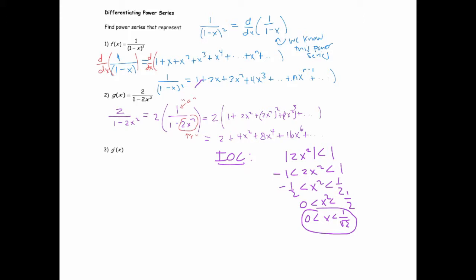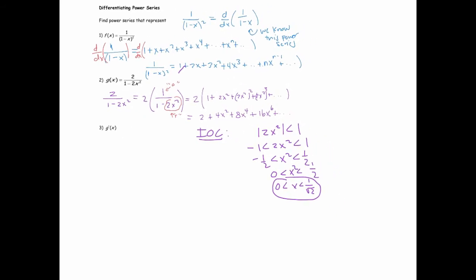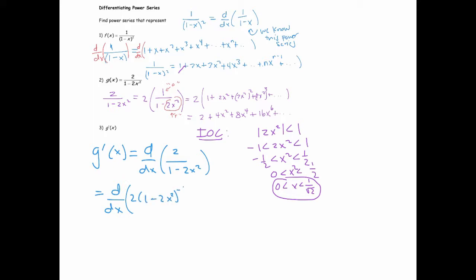So now let's find the power series for g prime. First, let's find what g prime is as a function. G prime of x is the derivative of 2 over 1 minus 2x squared, which I might write as 2 times 1 minus 2x squared to the negative 1.